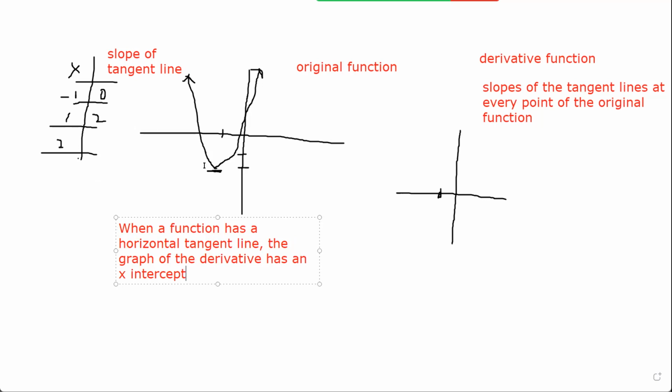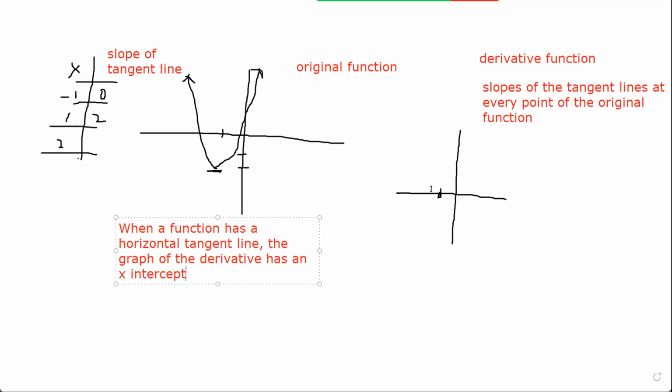So when I have a horizontal tangent line, remember, the derivative is the slope of the tangent line, and the slope of a horizontal line is 0. So if I have a horizontal tangent, my derivative is going to have an x-intercept there. Now, you have to estimate the slopes, but we're going to see if we can finagle our way into this.